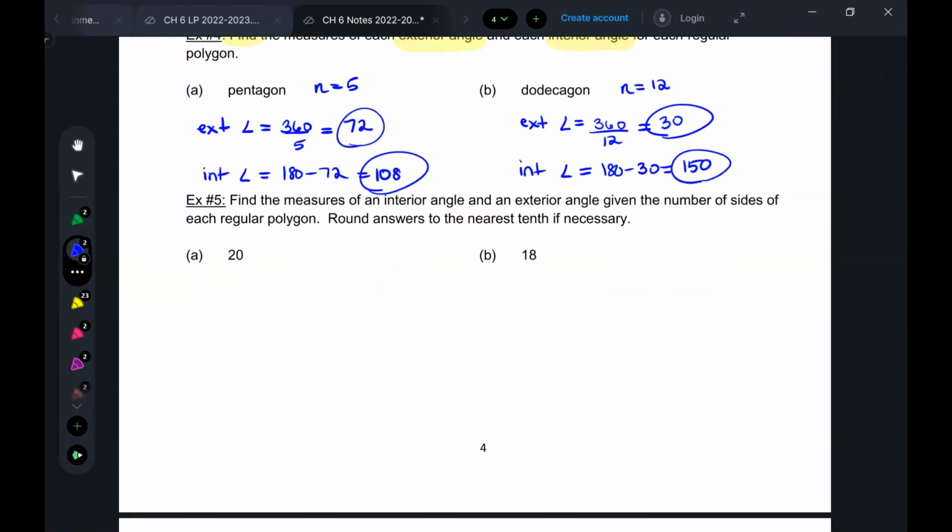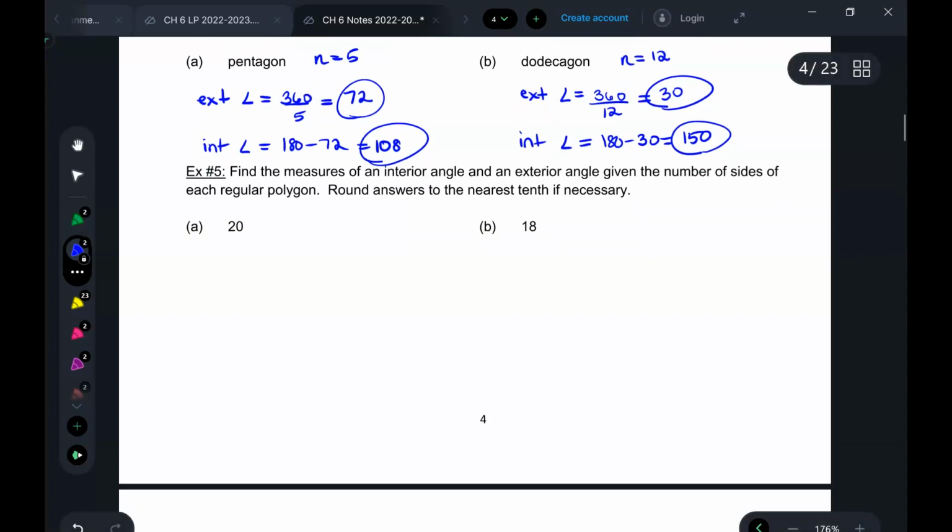That's really big. Well, a dodecagon has 12 sides, so it makes sense that the interior angles are going to become bigger. So the biggest, if you keep going, is 179.9999 something.